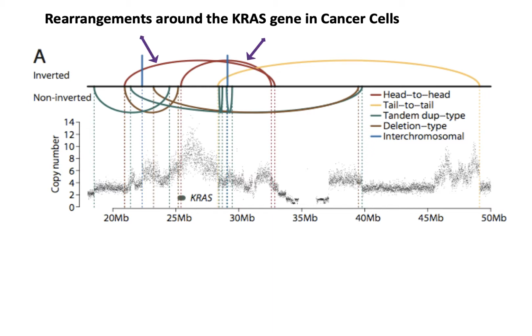And that includes these head-to-head dimers, so you're getting new sequences added in a head-to-head manner, that is, they face one another, or in a tail-to-tail manner, which is they're reversed on the chromosome from one another. Also, tandem duplications indicated here in green, so you're getting increased numbers of certain sequences around that gene.